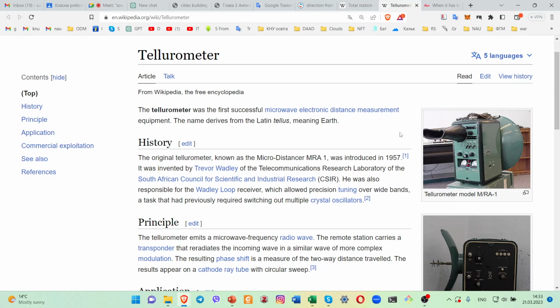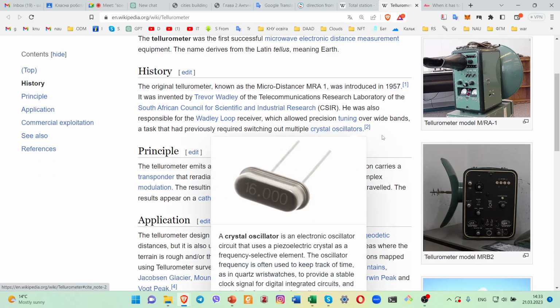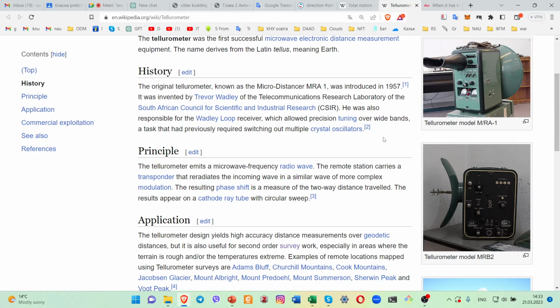The name derives from the Latin tellus, which means the earth. The original tellurometer, known as the microdistancer, was introduced in 1957. It's very, very long ago.